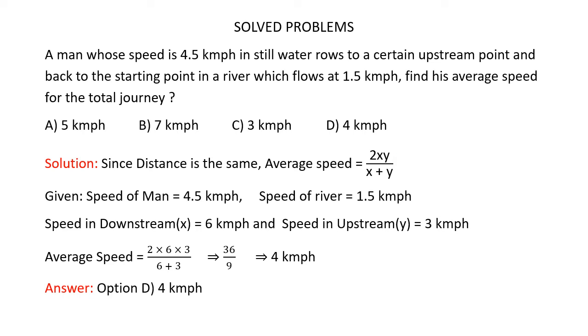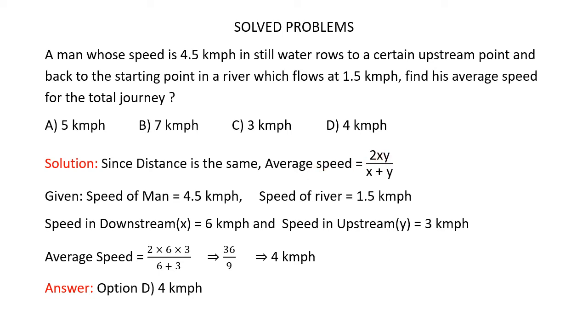Here, x is the man's downstream speed and y is the man's upstream speed. Now let's find the values of x and y. Then if we know the values of x and y, we can easily find the value of the average speed.